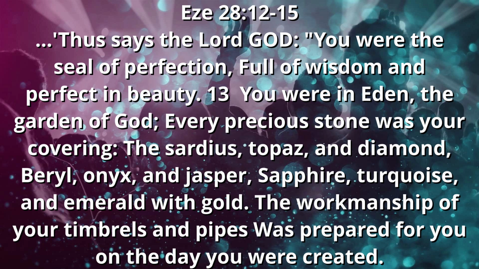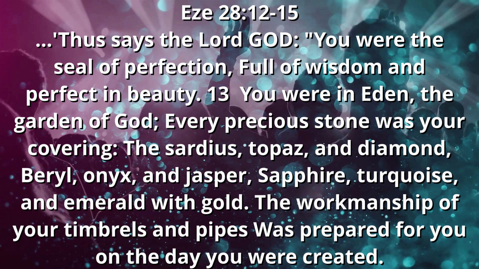Thus says the Lord God, you were the seal of perfection, full of wisdom and perfect in beauty. You were in Eden, the garden of God. Every precious stone was your covering, the sardius, topaz, and diamond, the beryl, onyx, and jasper, sapphire, turquoise, and emerald with gold.